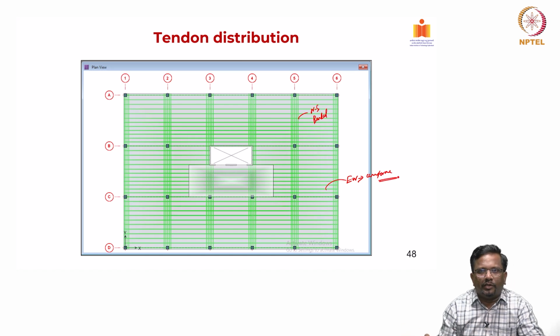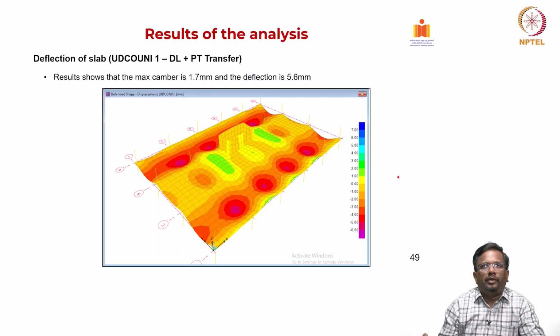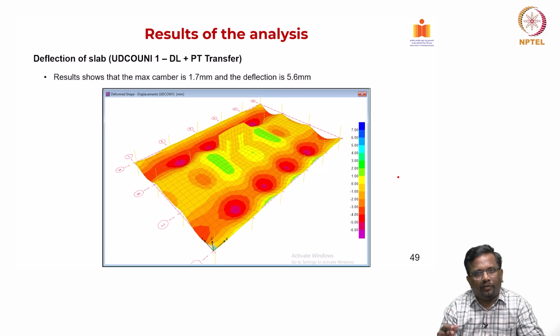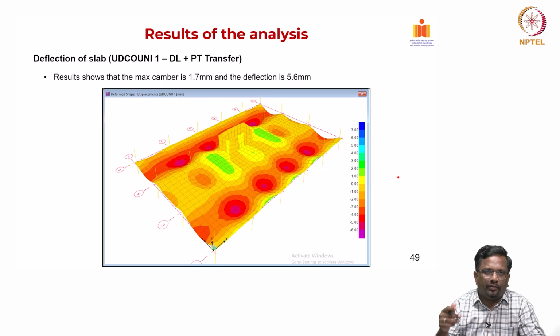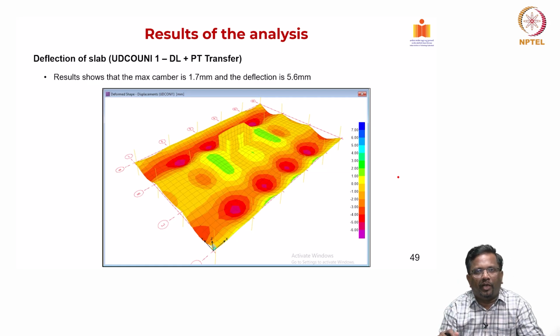So, we are considering this, and once you do all the analysis, we can in fact ask the software to calculate the number of cables in each design strip if you give how much dead load has to be balanced. We have shown manually how we get that, assuming 90% of the dead load has to be balanced.